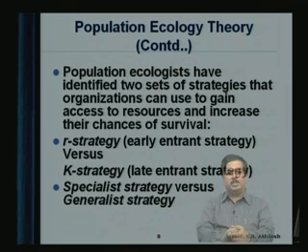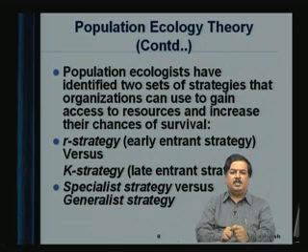The population ecologists have identified two sets of strategies that organizations can use to gain access to resources and increase their chances of survival. One is the early entrant strategy, what people talk about as first mover advantage.